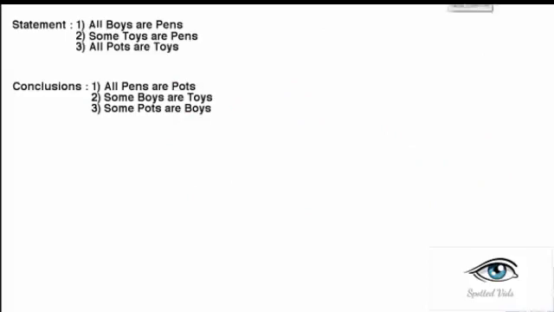Okay, let's do a very simple question. All boys are pens. So there are three statements and three conclusions, and we have to find whether these three statements can help us find these three conclusions. So let's start with the first statement, that is all boys are pens.